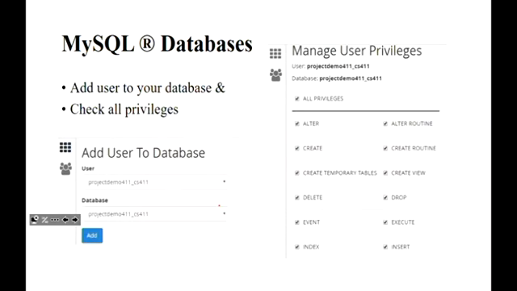And then add that username to your database. You should be able to see both username and database, and give all privileges to your user. Manage user privileges: check all privileges and then hit the OK button.